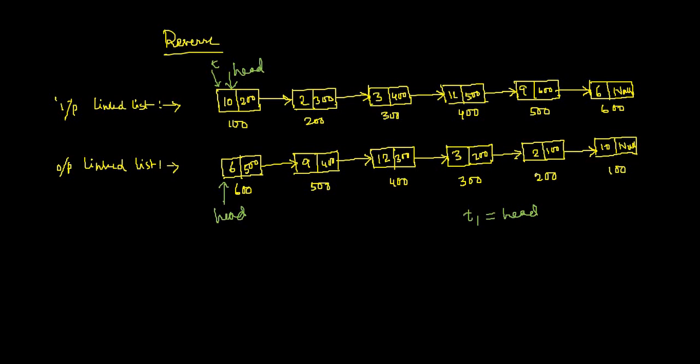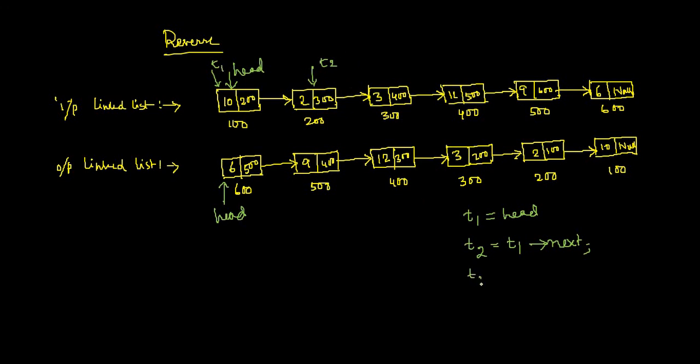But in this output linked list, next of 200 will become 100. So next of 200 was currently pointing to the following node. If you take T1 equal to head, and T2 equal to T1 next, that means T1 is pointing here, T2 is pointing here.